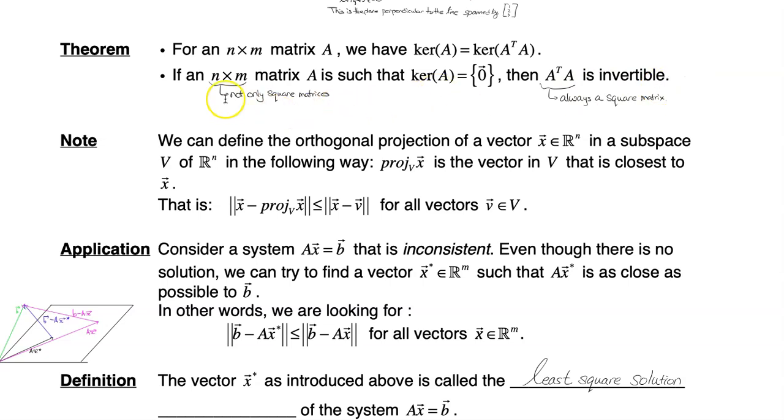So what's interesting here is that matrix A is not necessarily a square matrix. It's not necessarily n by n, it's n by m. But when we do A^T times A, it always becomes a square matrix, and that square matrix is invertible. So A is not invertible, but A^T times A always becomes invertible, provided the kernel is 0.